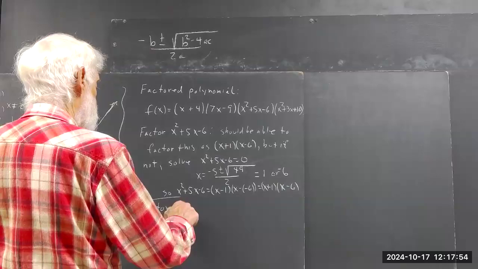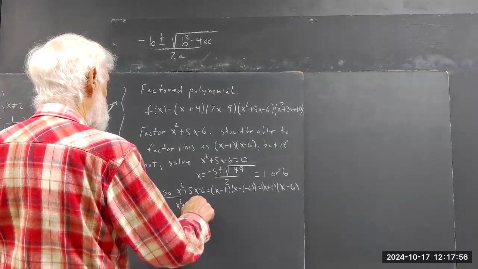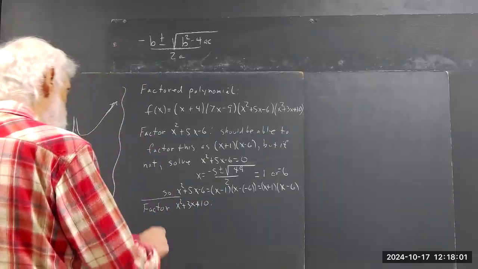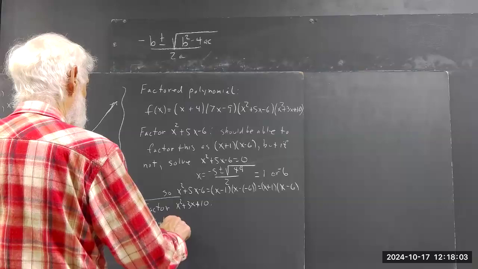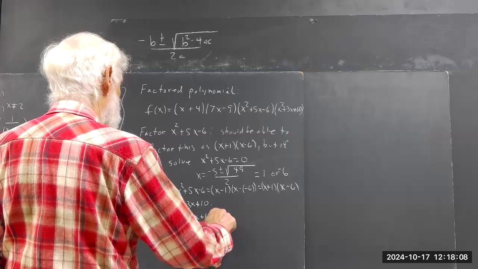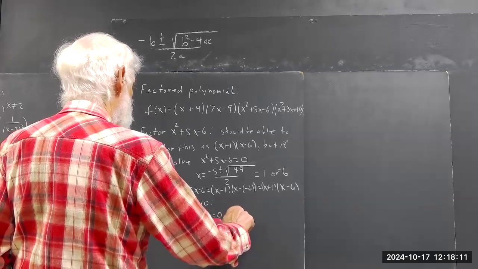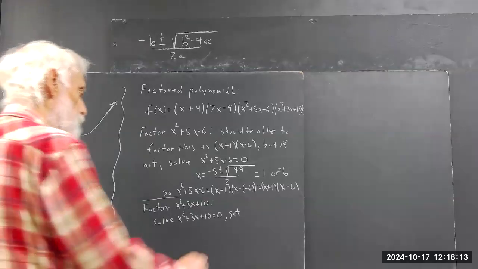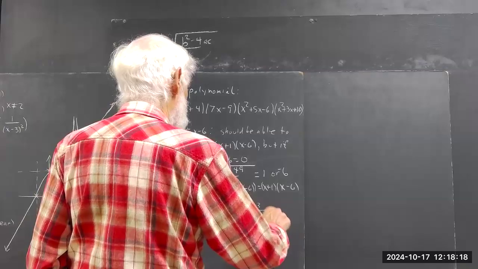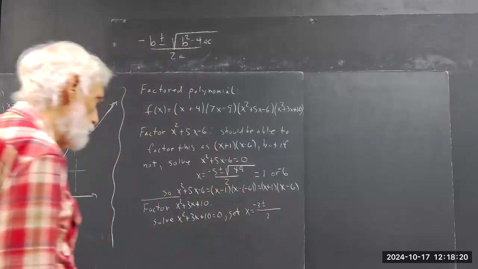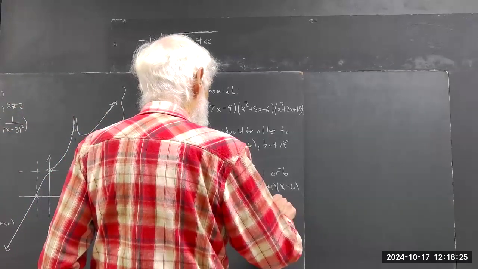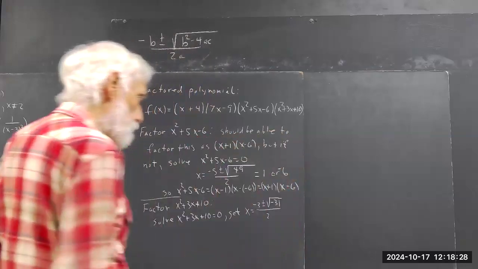How do you factor x squared plus 3x plus 10? You get x equals -3, all over 2, plus or minus the square root of 9 minus 40 under the radical.